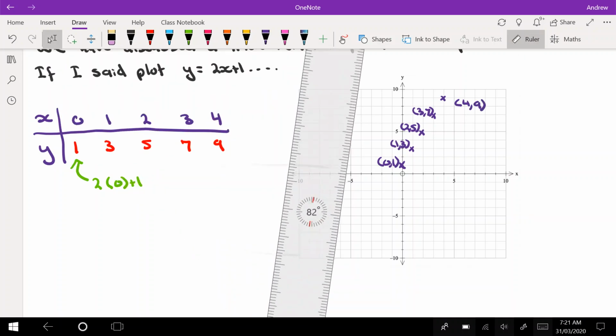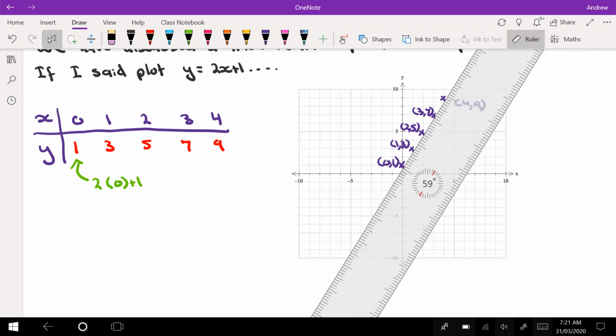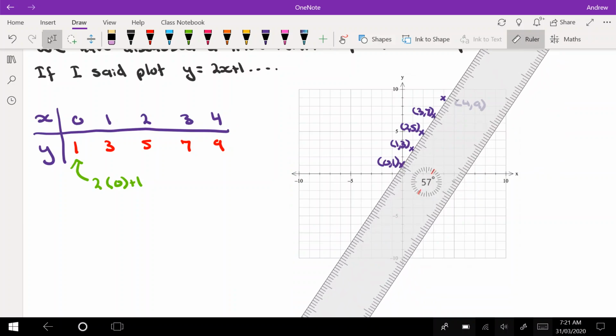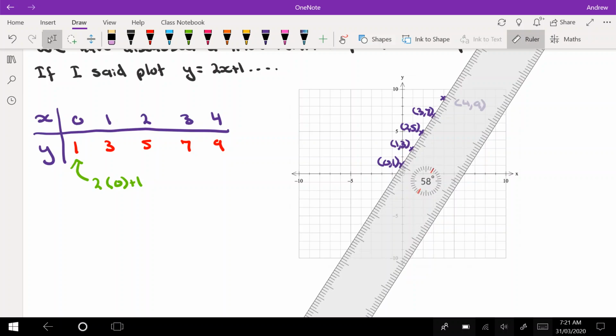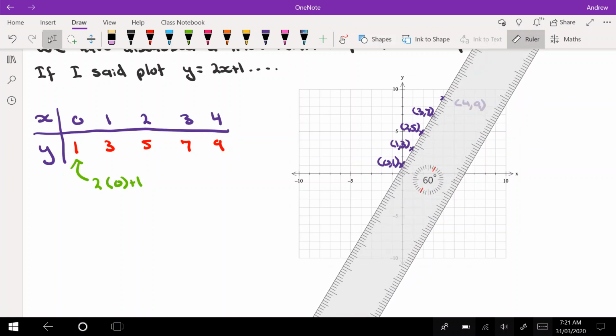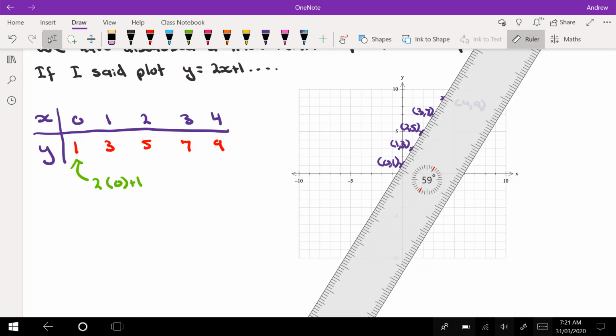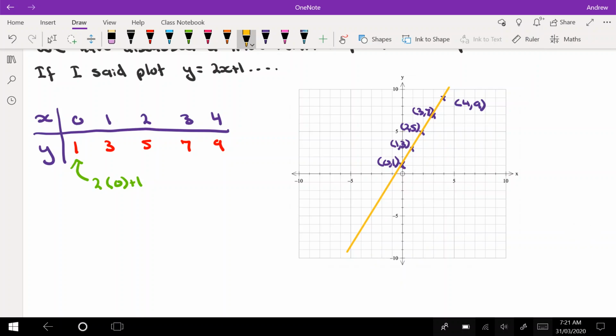And then I can connect all of them with a straight line. There we go. Okay. Now join them all up with a straight line. Okay, well, let's try and find the gradient of this line.